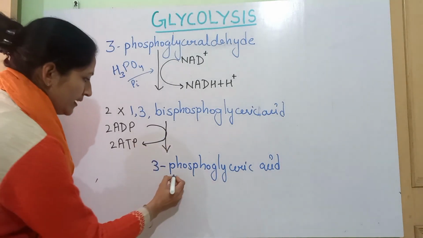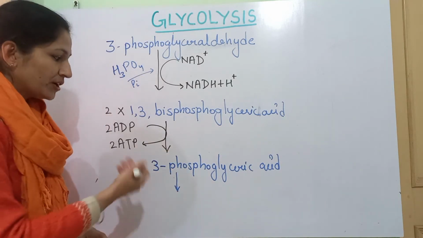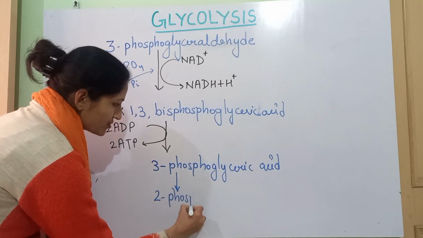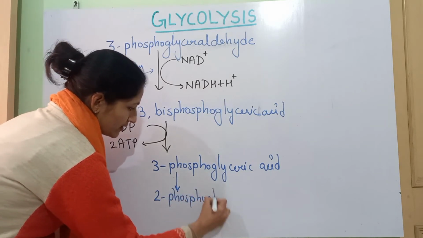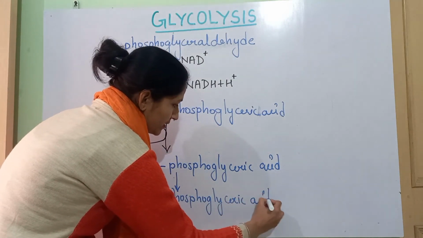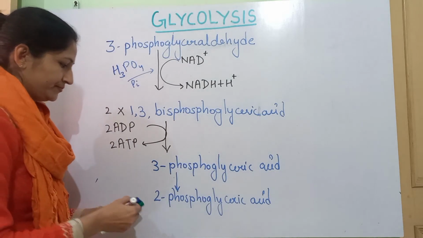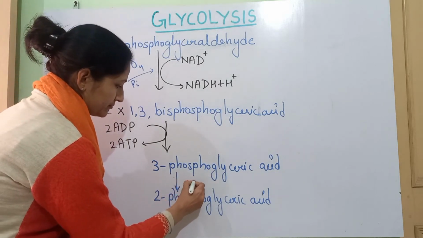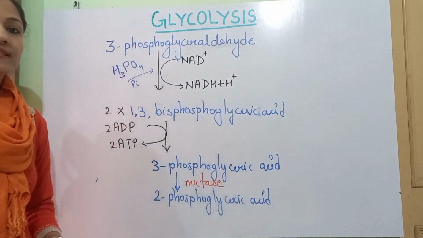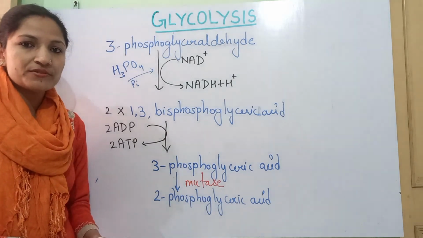Now this phosphoglyceric acid is going to get converted into 2-phosphoglyceric acid or glycerate with the help of the enzyme called mutase. Now, in the next step, what is going to happen?